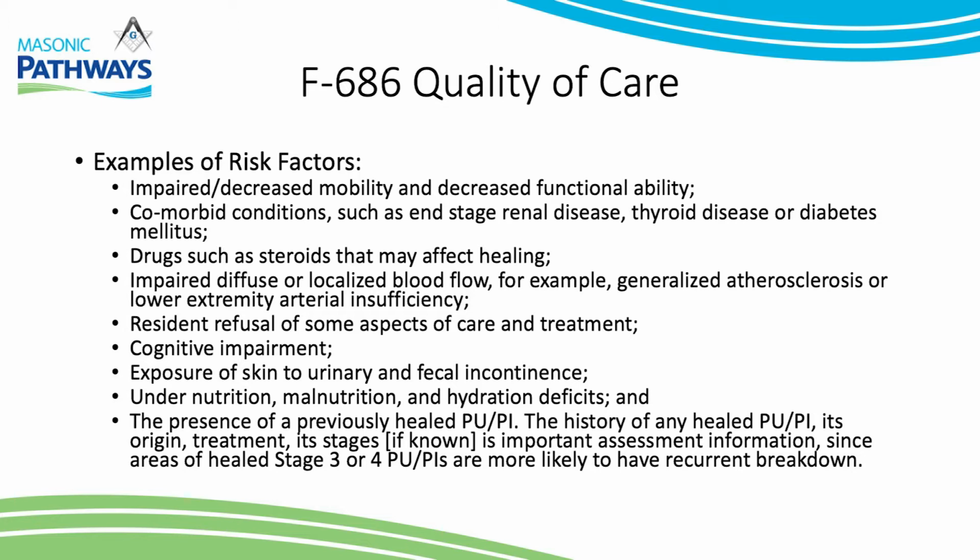So the history of any healed pressure area, its treatment, origin, and stages is important assessment information, since areas of healed stage 3 or 4 are more likely to have recurrent breakdown.